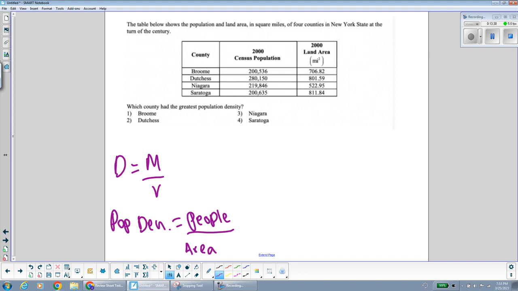So instead of thinking about it as mass over volume, when you're talking about living things, you can think of population density as people, or of course, plants or animals, so your living things, over the area, the amount of space, the amount of land. So all we have to do here to find which has the greatest population density is find the population density for each of these places. So we're going to do people, which is the population, divided by the area that they occupy, which is the land area. So on my calculator, I'm going to do the first one, 200,536 divided by 706.82.